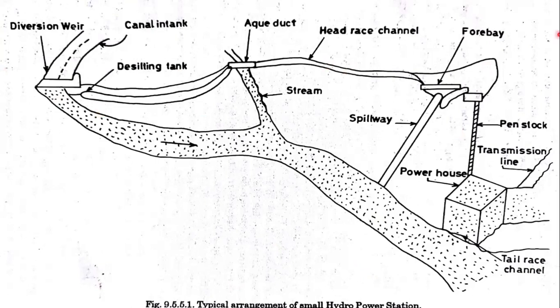For medium head, the size of silt particles to be removed is 0.2 to 0.5 mm. And for high head, the size of silt particles to be removed is 0.1 to 0.2 millimeters.